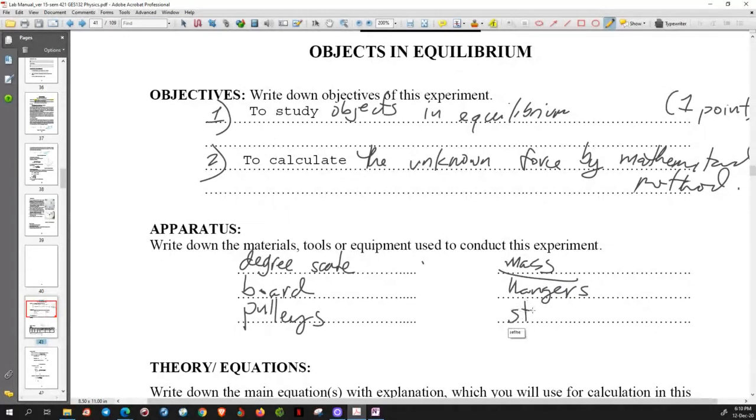You can write string, or sometimes you can call it rope, but rope is usually bigger. So fill the space with materials so that you have a bigger chance of getting points for the apparatus. Again, how many points will be there? It will be written if it is 1 point or 2 points or half. Yes, a digital balance is also used, or you can maybe just use the word balance.